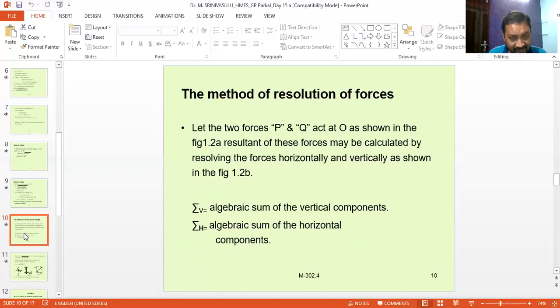In that case, we can find the resultant of the forces by using the method of resolution of forces. Here we will resolve the forces into components.